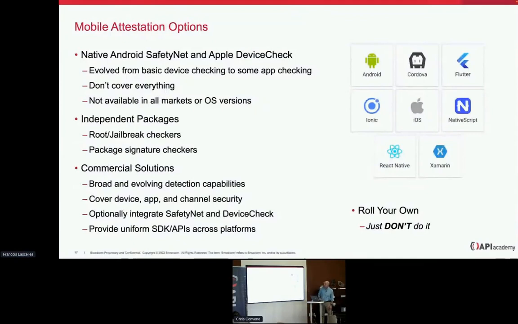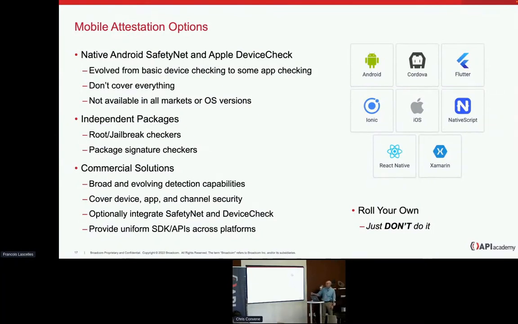Commercial solutions, mine being one of them, typically are trying to cover the whole spectrum, so they're broad and we're in the trenches fighting every day to keep evolving the capabilities. They cover not just the device and the app, but also the channel security. And as I said, man-in-the-middle type stuff is a major attack vector that we have to defend against. We can optionally throw in SafetyNet and DeviceCheck. So if you're in a market or running an OS that uses it, you can do that.